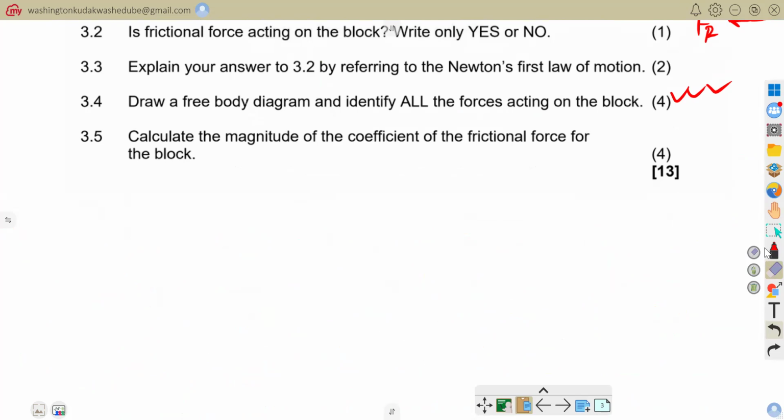So we all know that our frictional force is given by the coefficient of friction times the normal force.